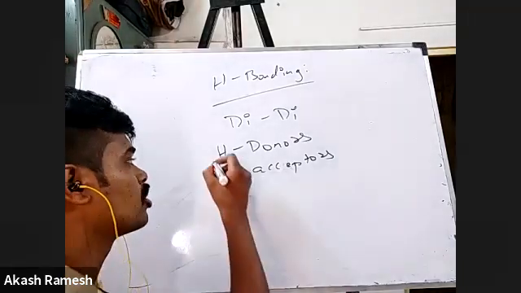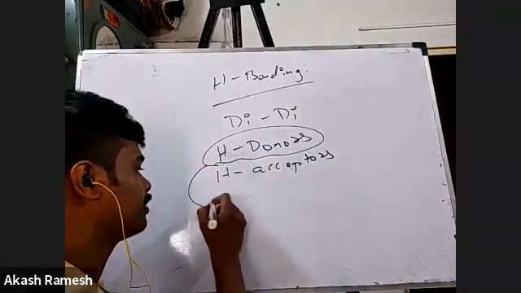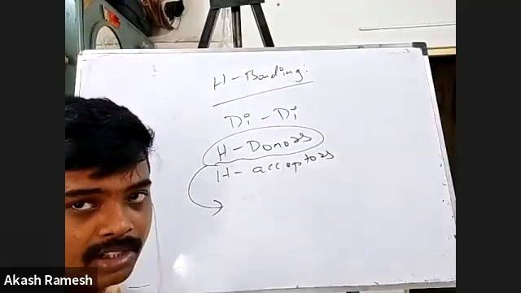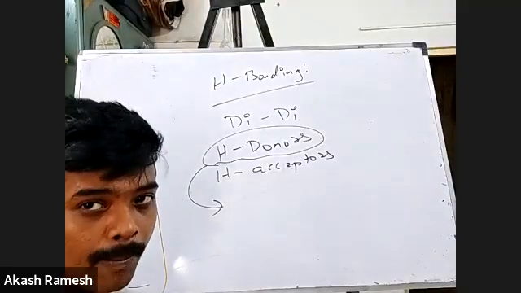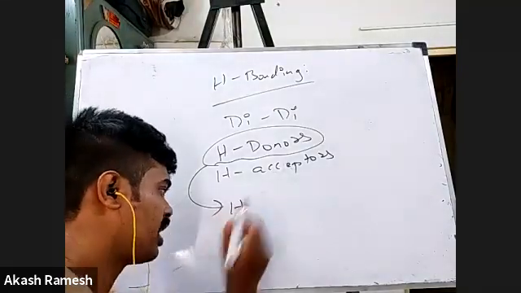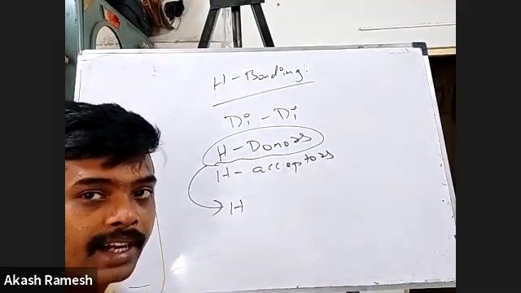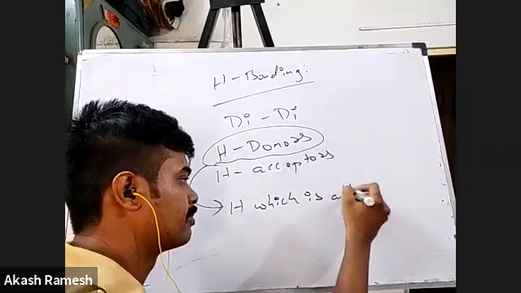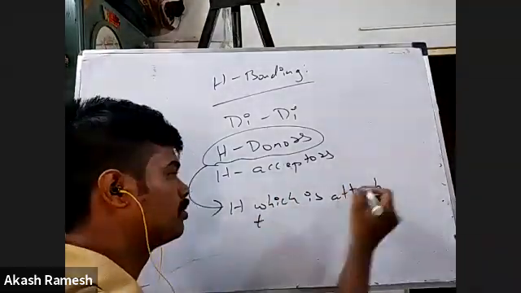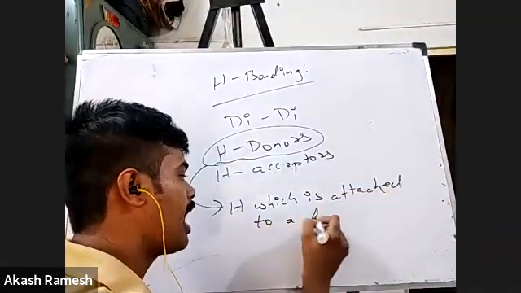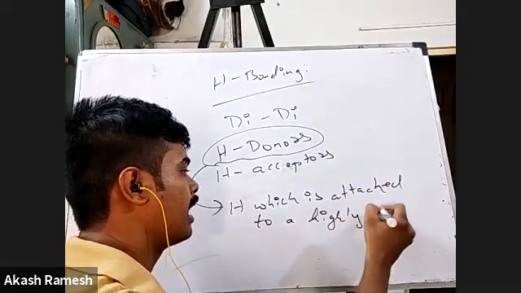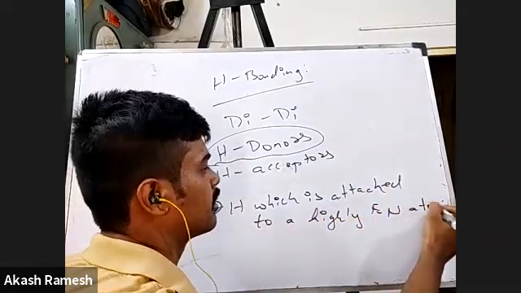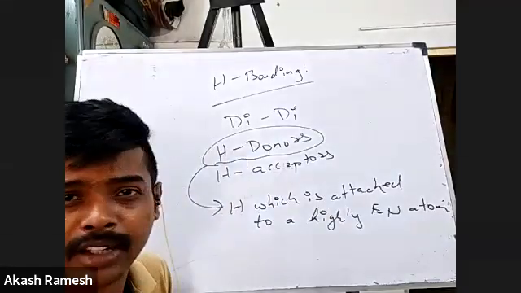So these hydrogen donors are nothing but species, compounds in which there is a hydrogen atom which is attached to a highly electronegative atom. Very, very simple.